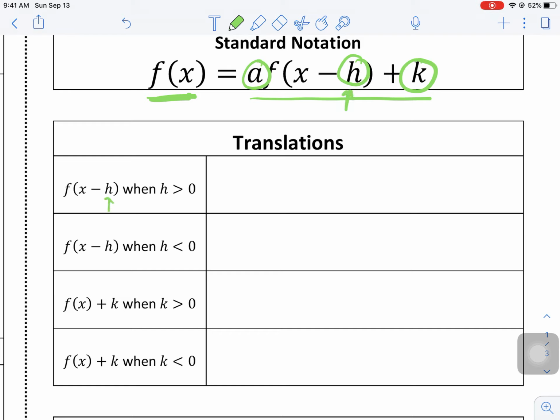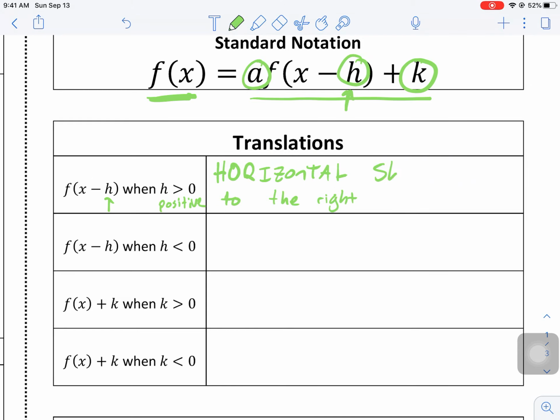I also put it down here. When we have h and it's positive, so h greater than 0, then this is a horizontal transformation, to the right. Let's put the word shift.